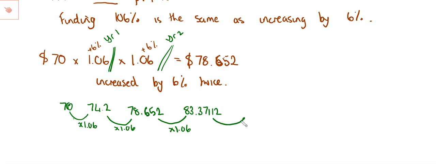Okay. If I then multiply by 1.06 again, just give me 2 decimal places and round it correctly.